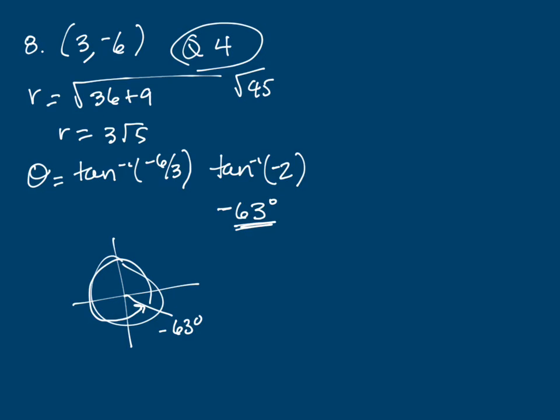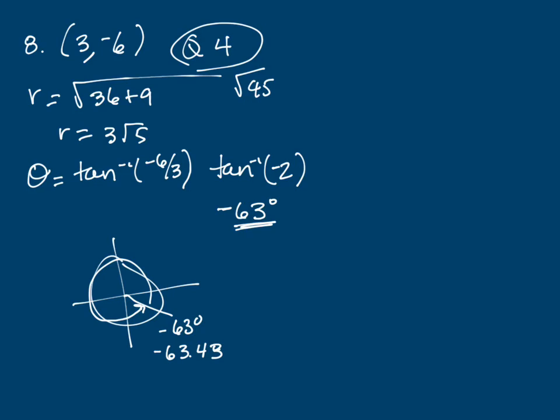297. Well, there were some decimal points there I just ignored. So it was negative 63.43. So 360 minus 63.43. Hang on, I messed up. I had to insert a 0.